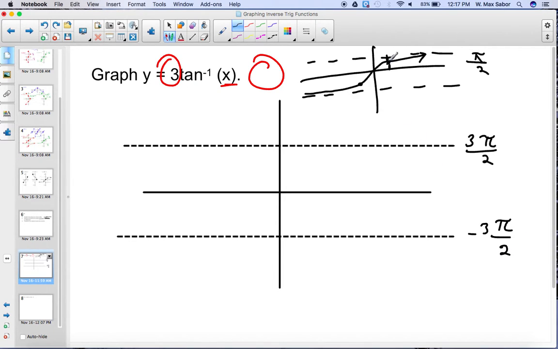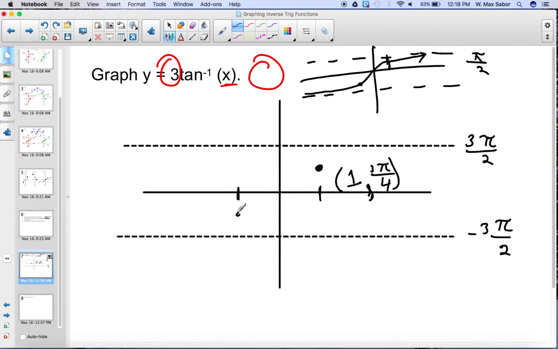This distance was halfway between the x-axis and pi over 2. So in this case, 3 pi over 4 is the y-coordinate. Because it has not been expanded left-right at all, we can still say that 1 is our x-coordinate.